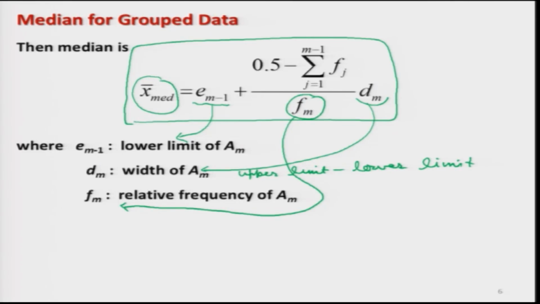Now, let us take an example and see how to get it done. I would like to inform you that when we compute the median in the R software, at least to the best of my knowledge, there is only one command available inside the base package to compute the median.